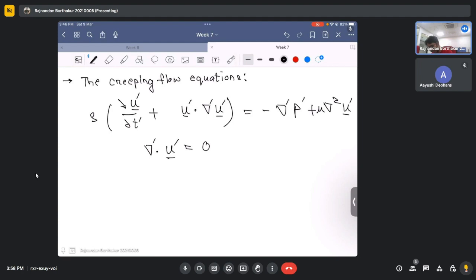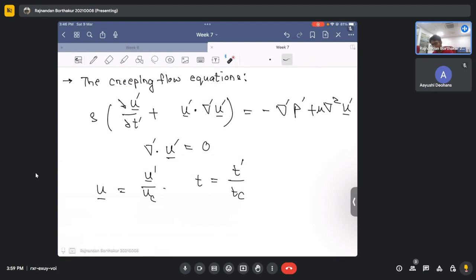If I define a non-dimensional u, it will be the dimensional u divided by a characteristic velocity, which I keep as uc. Similarly, a non-dimensional time t would be the dimensional time t dash divided by the characteristic time tc.